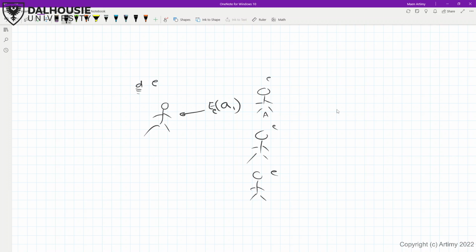Now I can take whatever the encryption is, and decrypt it with my own private key, and I'll get the assignment. The second person will do the same thing, and the third person will do the same thing.